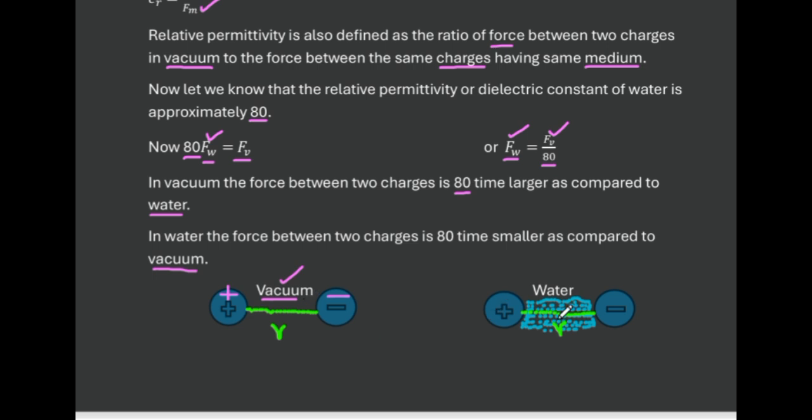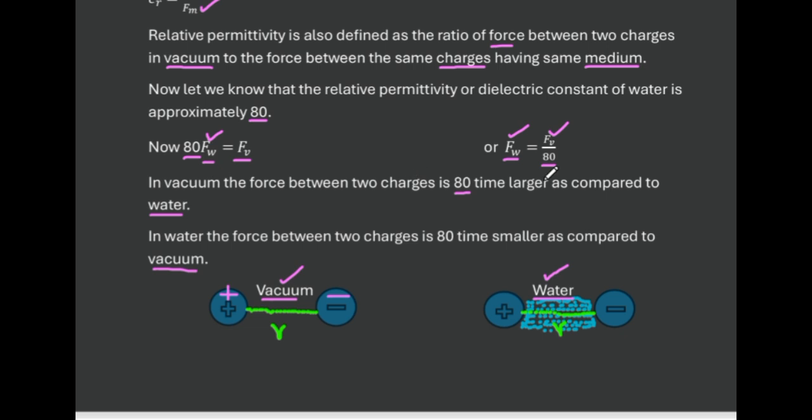And the second situation is this one. This is a positive charge and this one is a negative charge, and here we place water as a material medium between these two charges. So this equation means that as compared to water, the electric force in vacuum is 80 times larger.